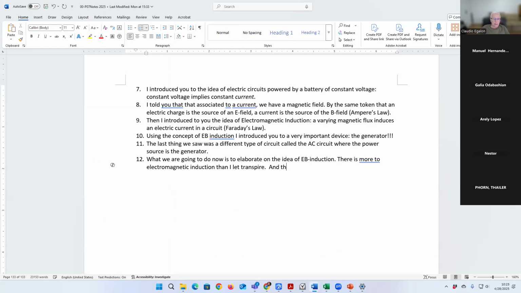This new take on electromagnetic induction is going to explain the existence of electromagnetic waves. That's what we have done up to now during the entire semester.